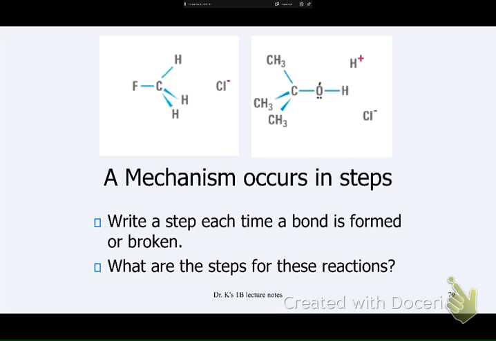Reaction rate equals k1, which is usually what they say for the first step. It's k1 times the concentration of the first reactant times the concentration of the second reactant.